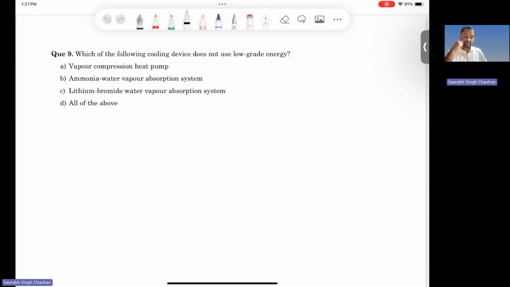So what is there in a vapor compression system? There is one evaporator, then there is an expansion valve, then there is a condenser, right?